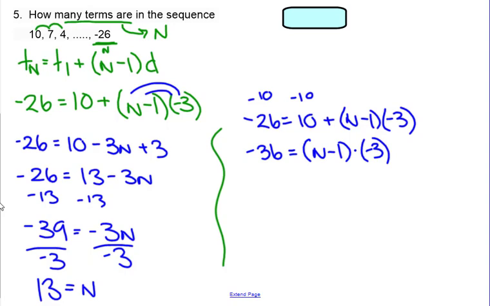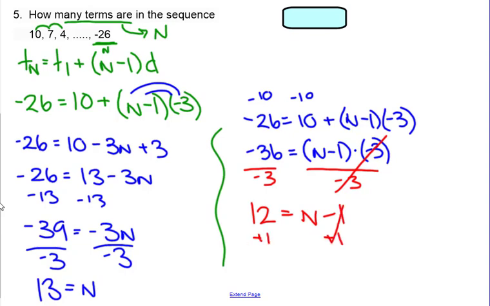Now if we want to get rid of that -3, we can divide both sides by -3. That's going to reduce, and I'm going to have 12 is equal to n minus 1. If I add 1 to both sides, I end up with 13 is equal to n. So again, there's lots of different ways that you can solve equations. Get good at the method that works for you.